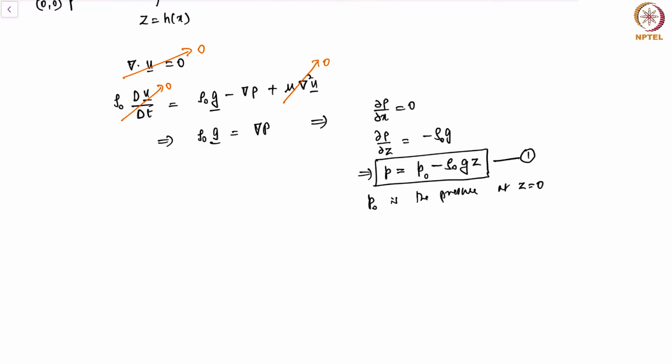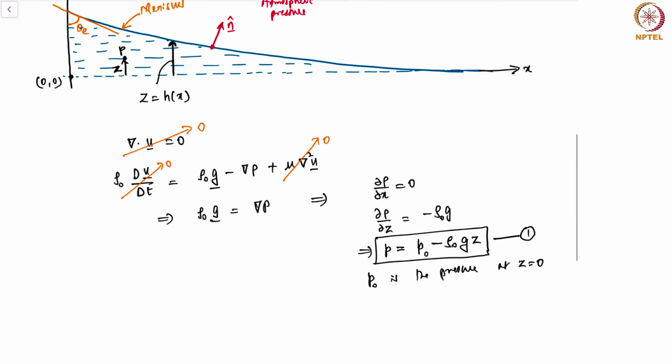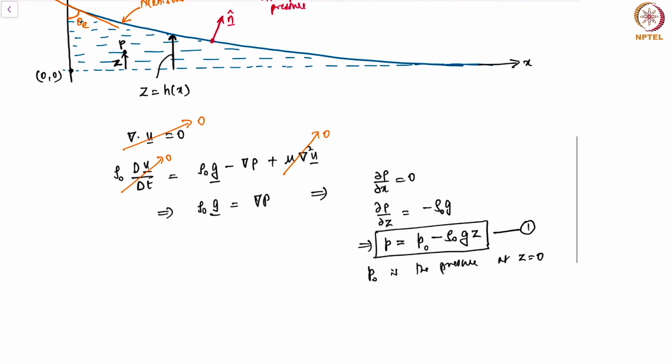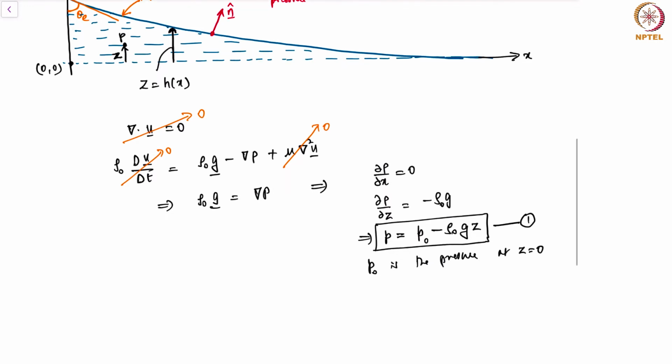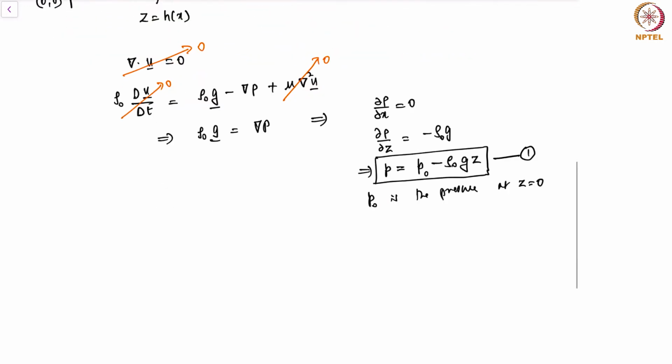Okay. Now notice that if I take a flat interface, then if I take a meniscus far away from the plate, that is when X becomes very large, the interface becomes flat, and when the interface becomes flat, there is no curvature, and the pressure is continuous across the interface. Now the density is also constant that we are going to assume.